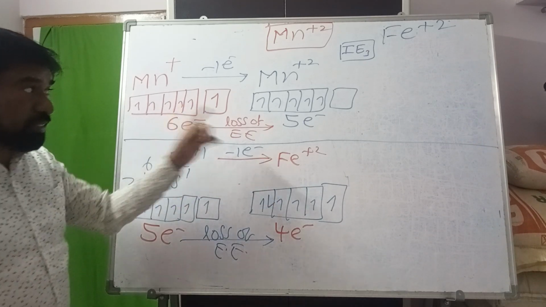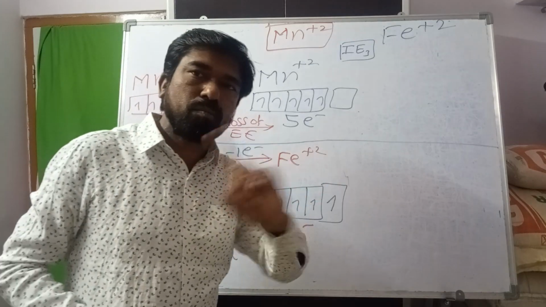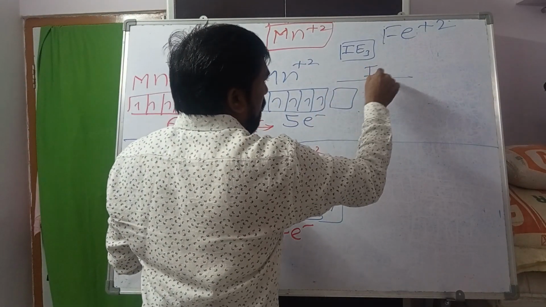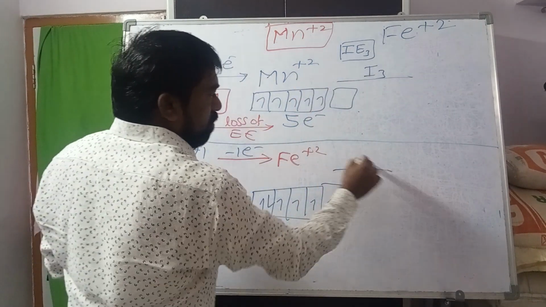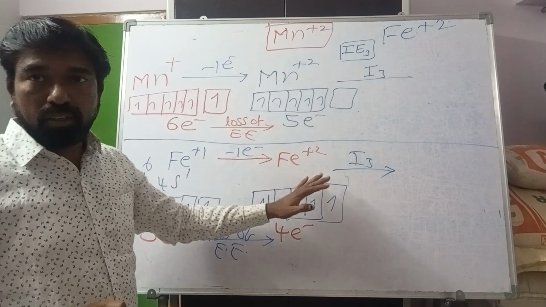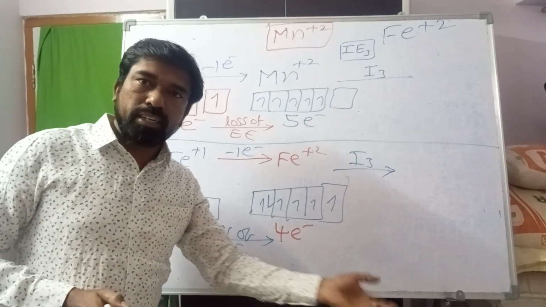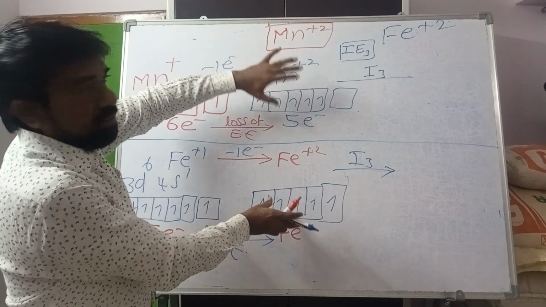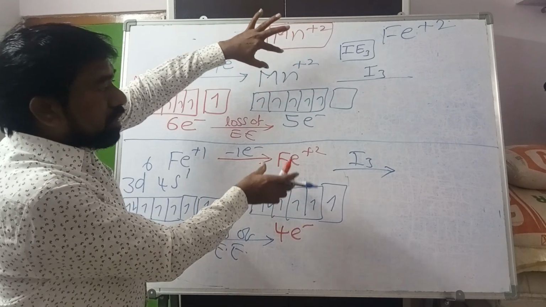But that's why in this case exchange energy does not explain the further electron removal. And I3 means an electron is removed from this one. Here also I3 means an electron is removed from this. In both formations, loss of exchange energy takes place from one electron only. And the same amount of exchange energy is lost in both ions.